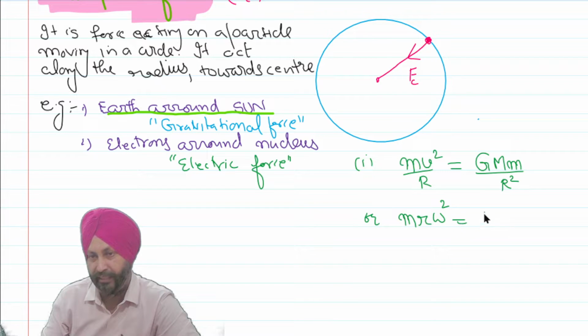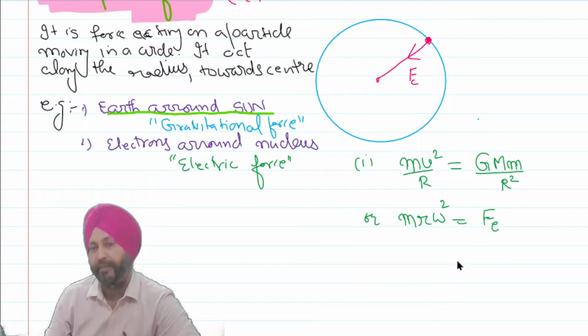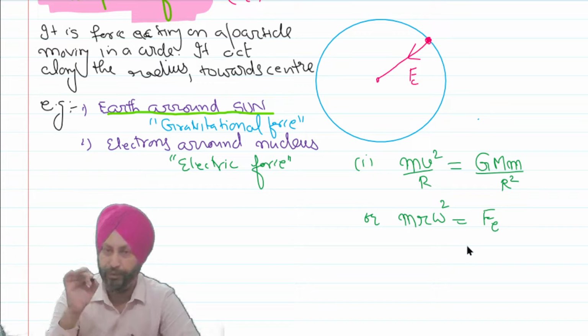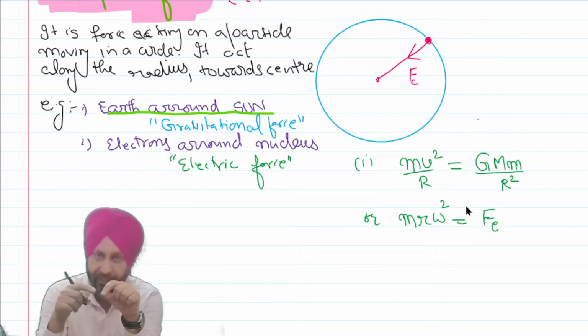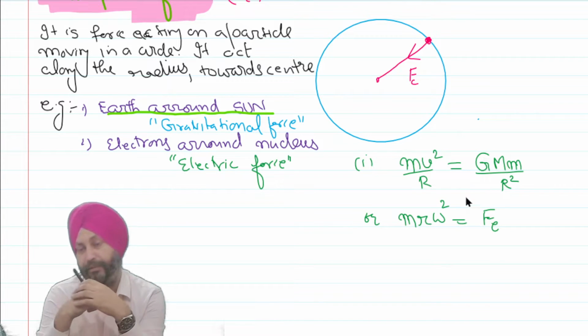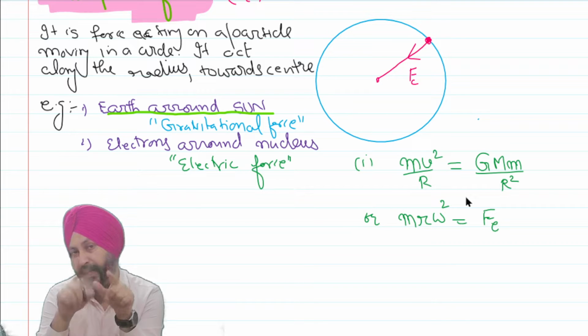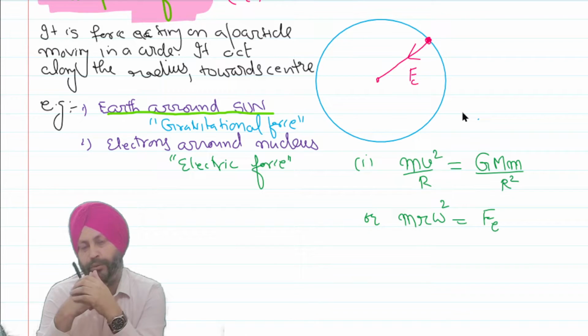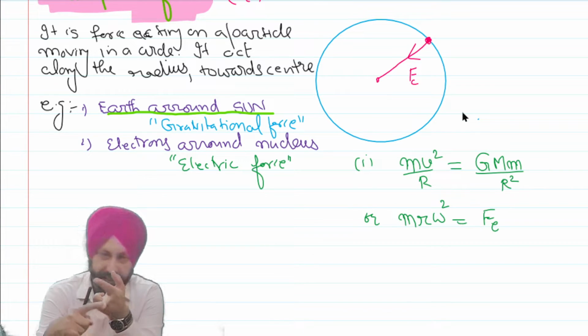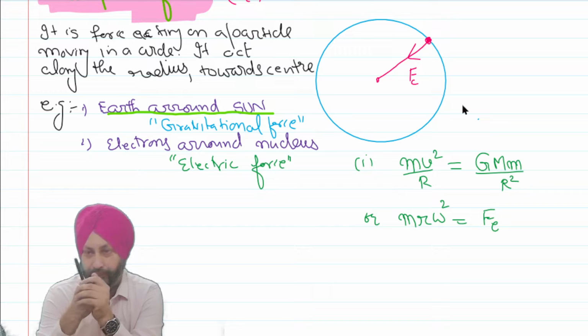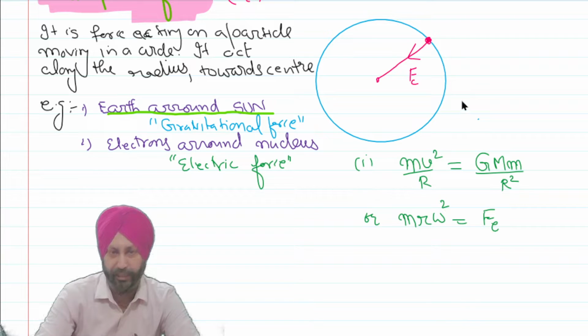In the second case it is given by the electric force. Whatever force is there on the particle towards the center, that will be the centripetal force, and we will write it as mv square by r. Whether it is a gravitational force or an electric force, that acts as the source of centripetal force. Is centripetal force clear?